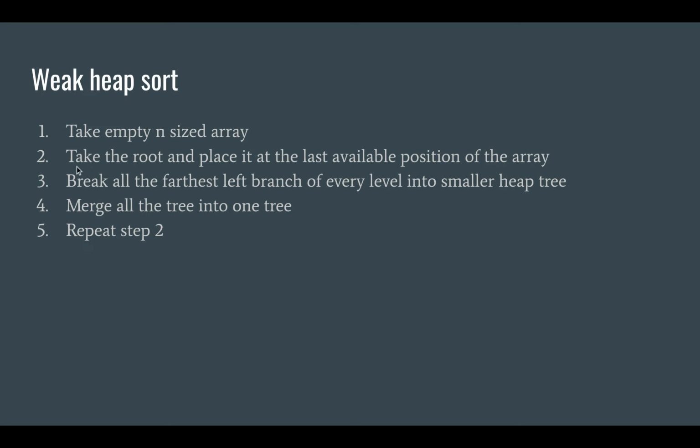Next we take the root and place it at the last available position of the array. Next we break all the farthest left branches of every level into smaller heap trees. Then we merge all the trees into one tree, and then we repeat the second step again.